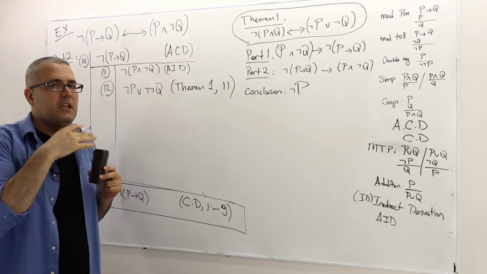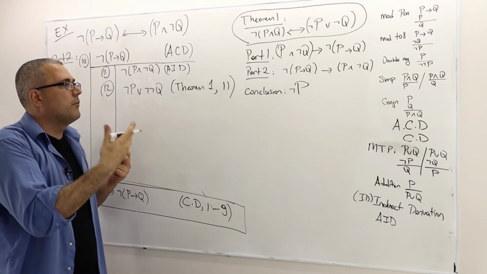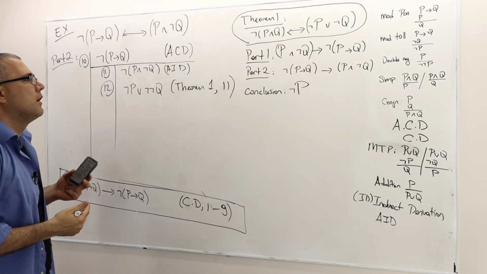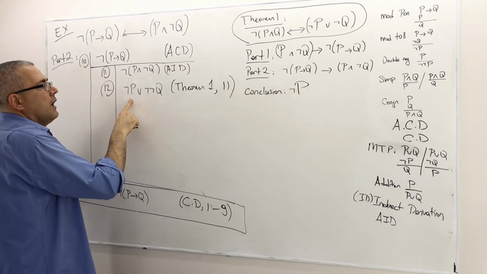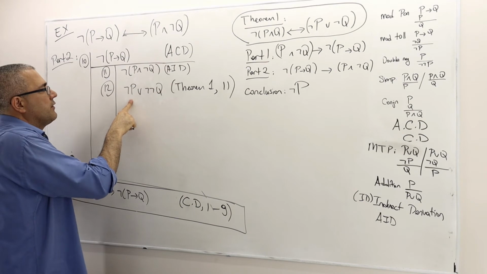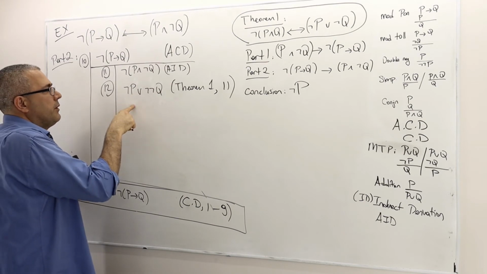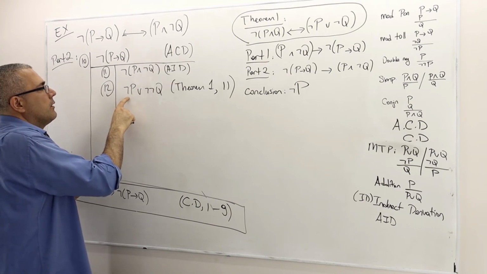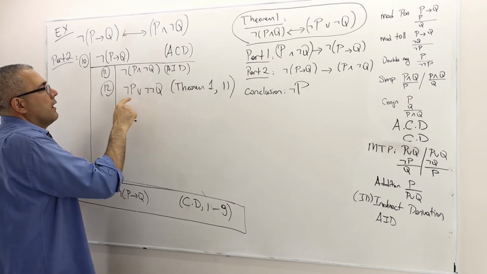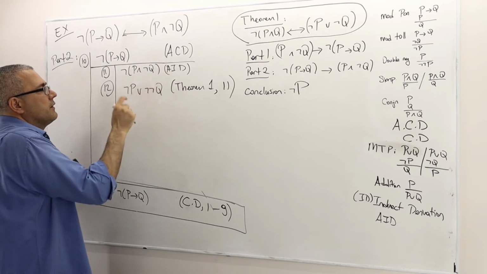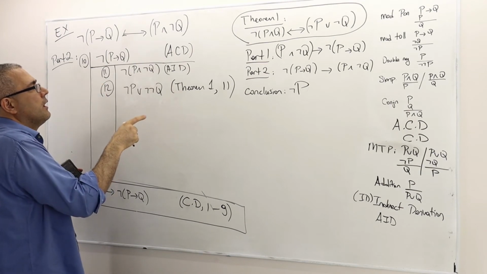I hope you're seeing sort of the way my thinking process evolves. So if I aim to prove this, not P, by indirect derivation, I'm going to assume not P, so it's going to be P. So here I have not P, here I have P, so therefore this must be false, so this is going to be true, so Q is going to be true.